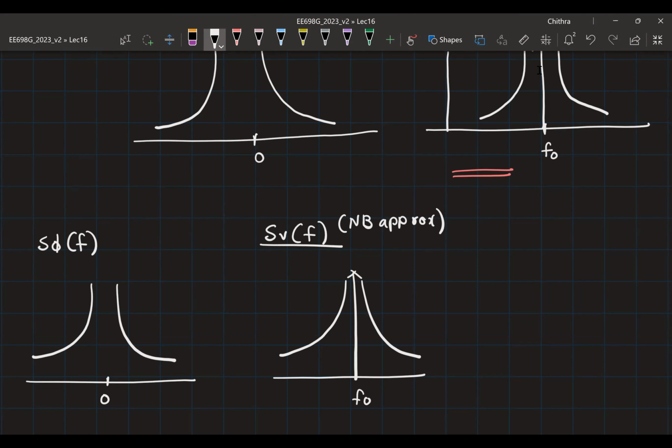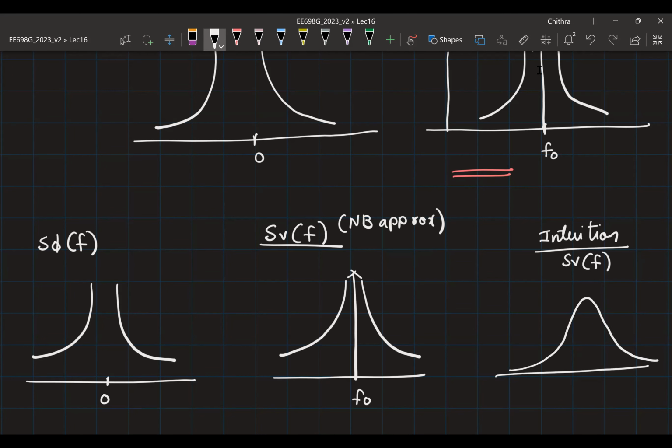So this is at 0, impulse at f0, and S phi of f is scaled and shifted, right? But our intuition for SV of f was that we should see something like this. Instead of an impulse, the power now has to spread out around f0.